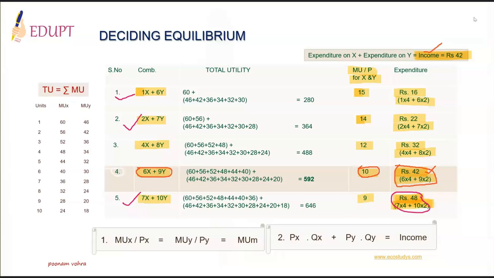So, the consumer is in equilibrium when he buys 6 units of X and 9 units of Y. At this combination, his total utility is also maximum.